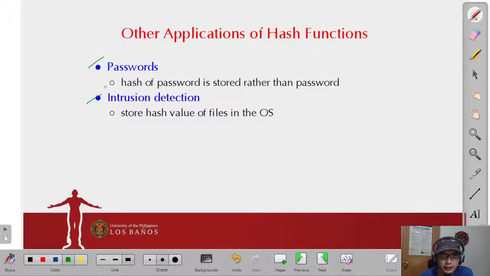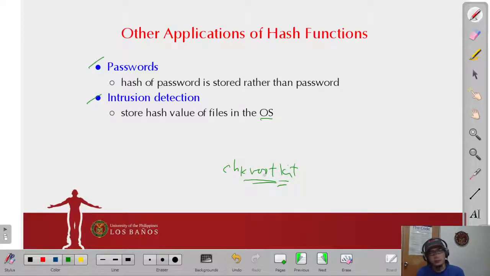And intrusion detection: you store the hash value of files in the OS. For example, we have a tool called chkrootkit. There's a kind of malware called rootkit that tries to replace the system binaries in an OS.